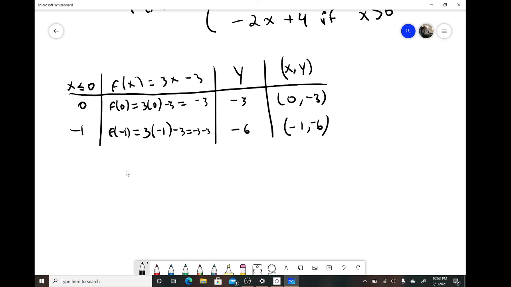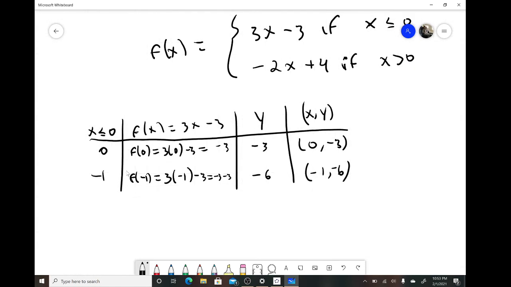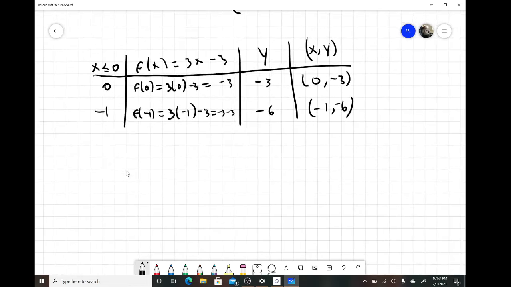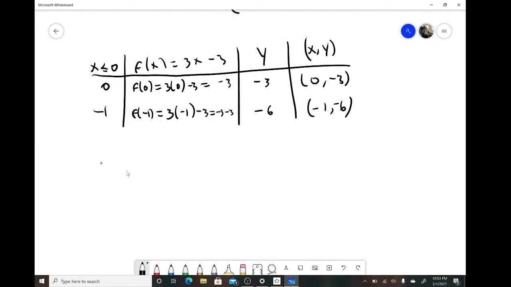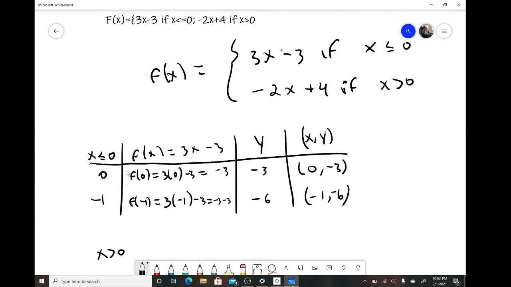And again, because we have linear expressions here, we know that this is going to be a line. We do not need more than 2 points. If this was anything other than a line, then I do recommend 3 or more points, so you could have a better picture. Now, we have to do a second table because we are working with 2 expressions.